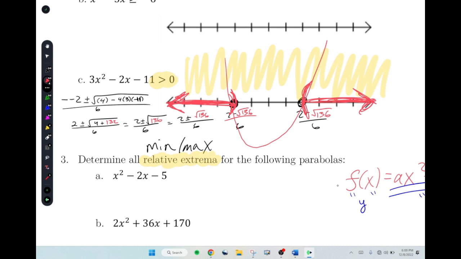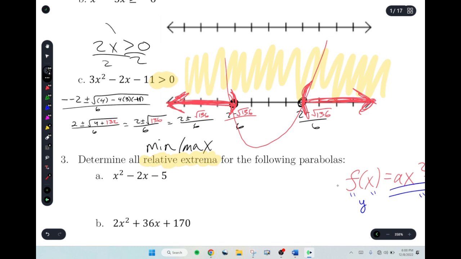If it were a line, we'd be done. Think about this. If it were a line, we'd have 2x is bigger than 0. I'm solving for x. Divided by 2, x is bigger than 0. I'm just graphing that. You're done. A parabola is the only time it gets wonky.